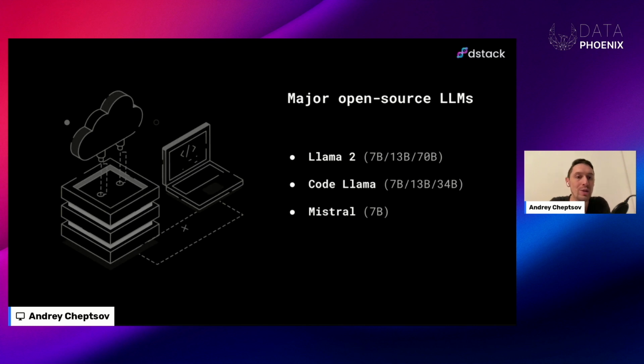Then there is Code Llama, which is a fine-tuned version of Llama 2, also by Meta, also offered in three sizes, even though the largest model is smaller than the standard Llama 2. What is special about Code Llama is that it's not only natural language, it's very good at generating code instructions.